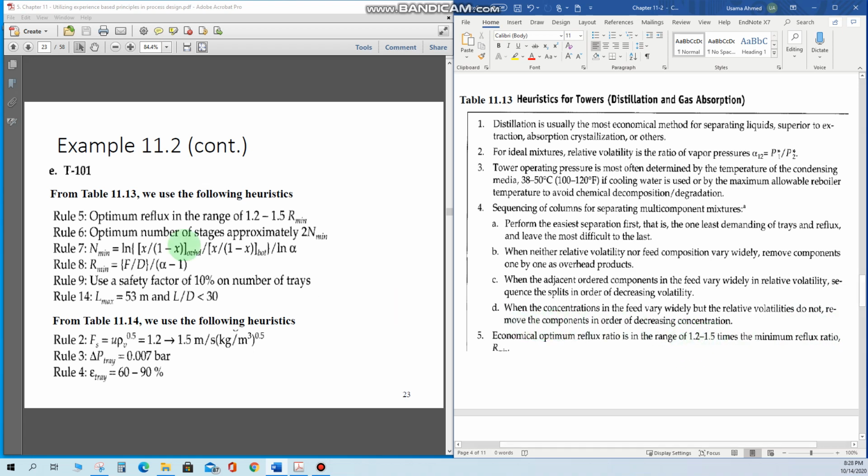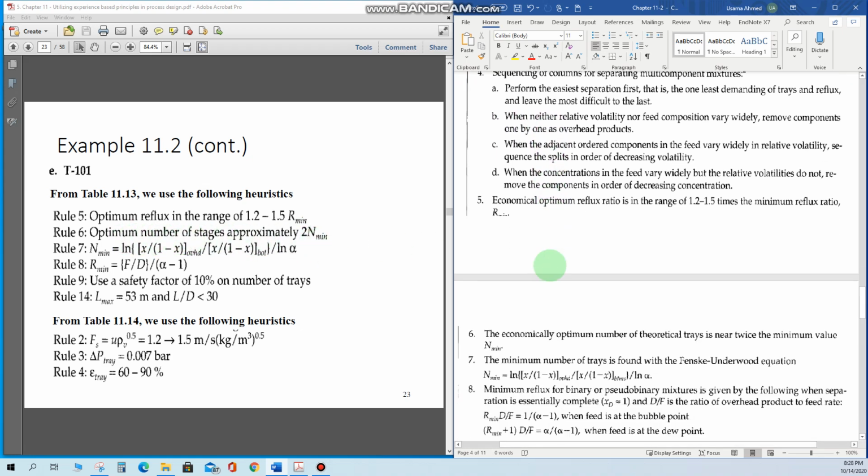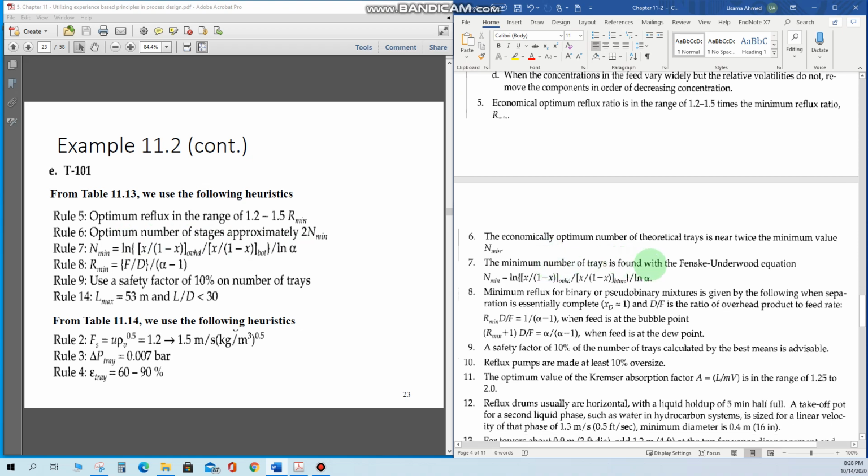Now rule number 6: the optimum number of stages is approximately 2 times the minimum number of stages. First of all, you have to estimate the minimum number of stages. How can you calculate it? Using the Fenske-Underwood equation. In this equation, for the minimum number of stages, there should be total reflux.